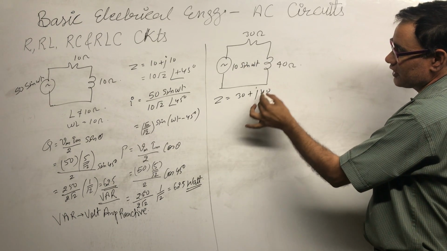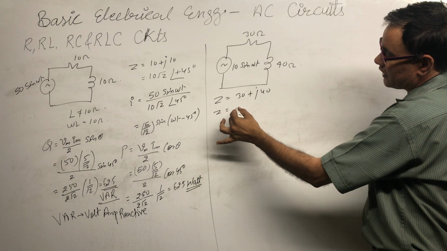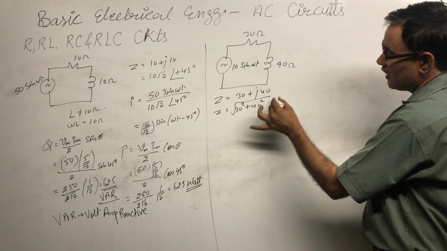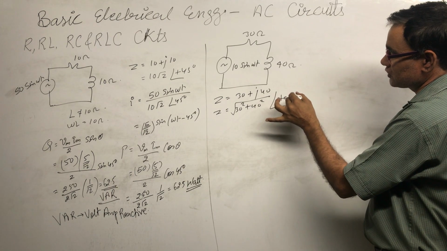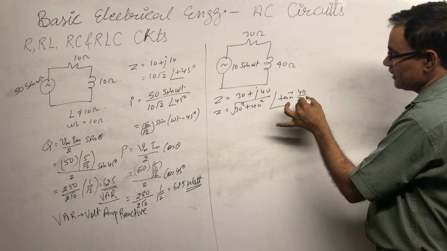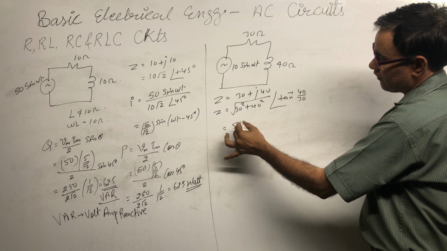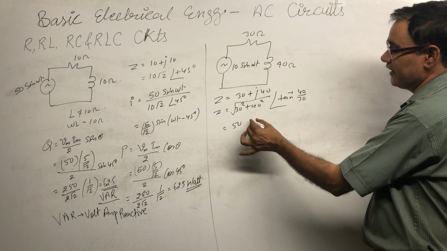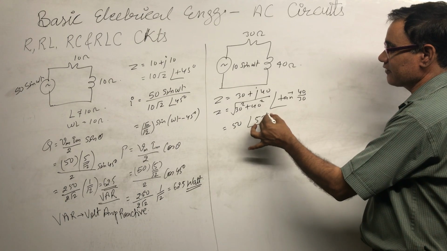The impedance is the square root of 30 square plus 40 square, and the angle is tan inverse of 40 by 30. So this equals 50, and the angle is 53 degrees.